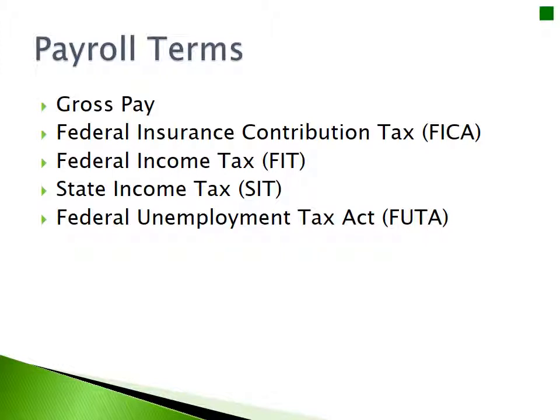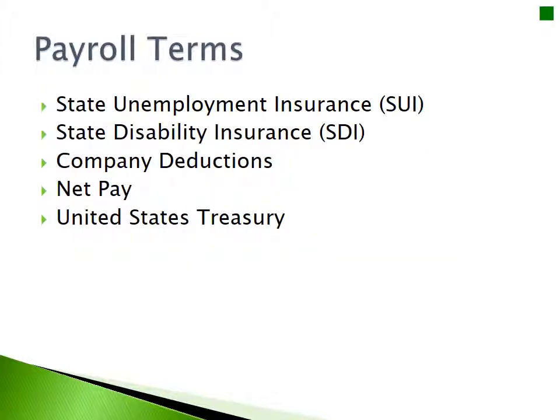State income tax is also based on filing status and exemptions and is paid to the state. The Federal Unemployment Tax Act is used to fund unemployment insurance programs administered by the government. State unemployment insurance is required by all states to contribute to a state unemployment fund. Rates vary by state.